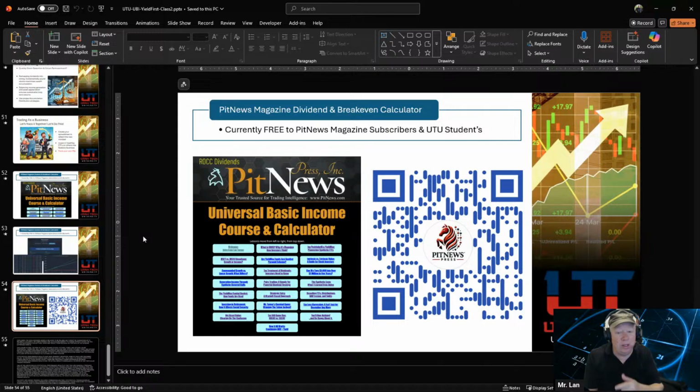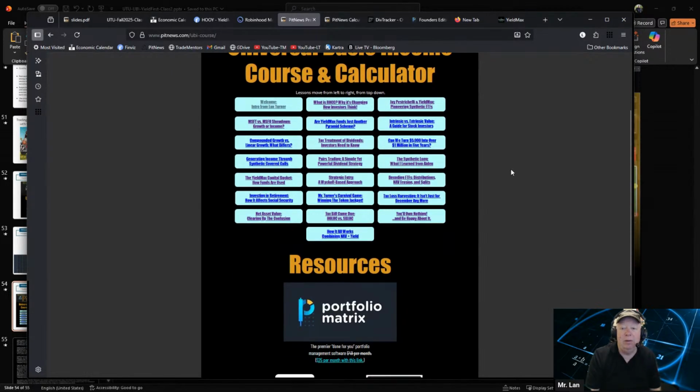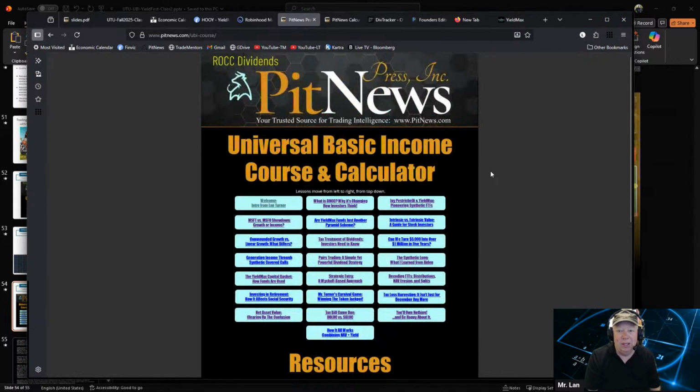Now, as you come down through this course, what you're going to see is a course that's been made from a number of articles from Pitt News Magazine. Over the last 2 years, we've been talking about these funds. Anytime we do a lesson or talk about one of these funds or one of the important topics, we write an article in Pitt News Magazine.